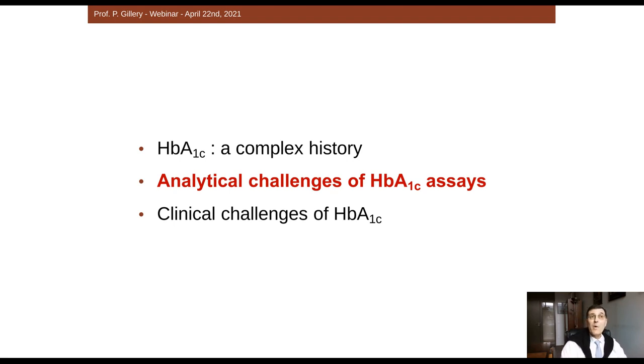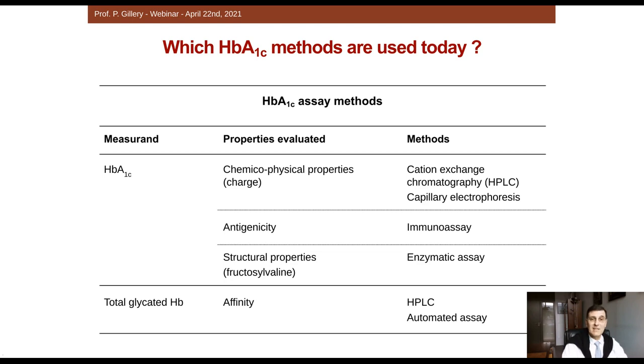Now, we will focus on the current challenges of HbA1c assays, and first, analytical ones. Just a word on the methods used today for measuring HbA1c. They can measure HbA1c or total glycated hemoglobin, but in both cases, due to the traceability to the IFCC RMP, all results may be expressed as HbA1c.